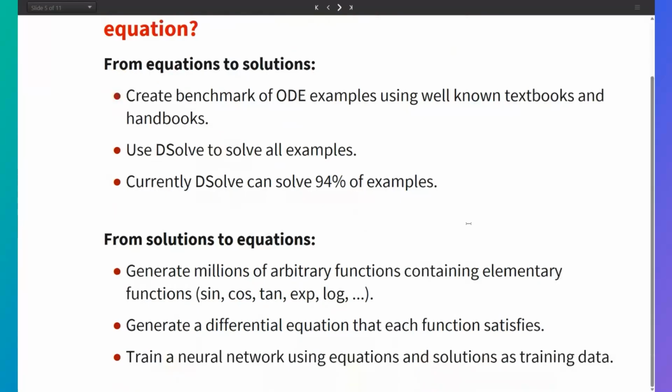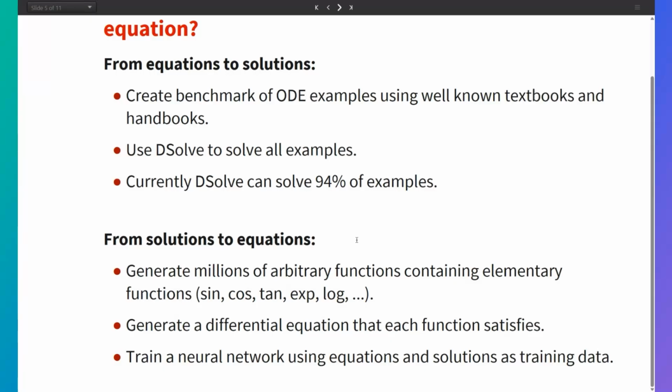The other approach can be called from solutions to equations. In this approach, we can generate thousands or even millions of arbitrary functions, which contain arbitrary combinations of some elementary functions, such as trigonometric functions, power functions, inverse trigonometric functions, hyperbolic functions, exponential functions, logarithmic functions, etc. And for each function, we can use known algorithms to generate its own differential equation for which the function will be a solution.